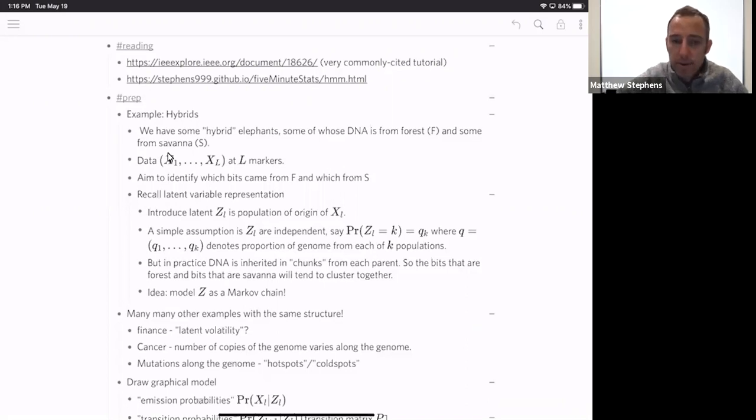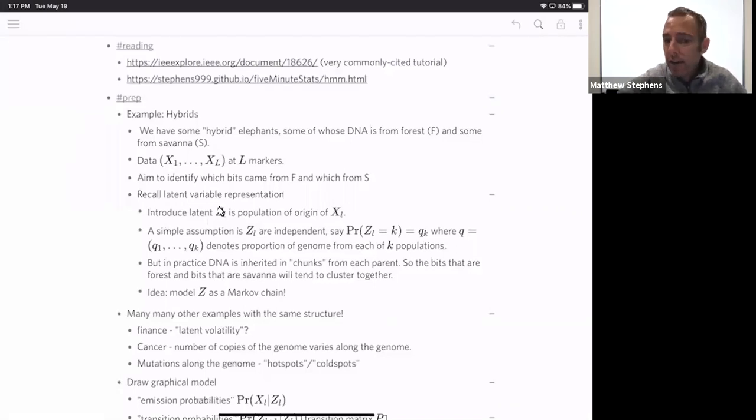We can think of the data for this single individual as the genetic data from L different markers going along a chromosome, and we're just going to model one copy of the genome. Remember, elephants have two copies of their genome. We're going to say some of these X's came from forest and some of them came from savanna, and we might want to say which bits came from which. So it's kind of like a clustering problem, but within a single individual.